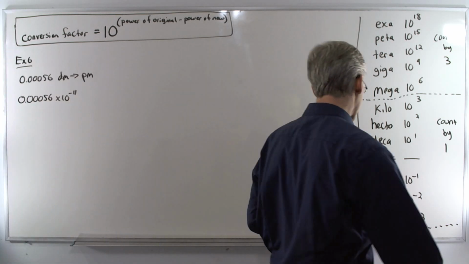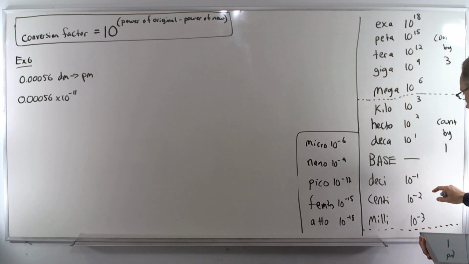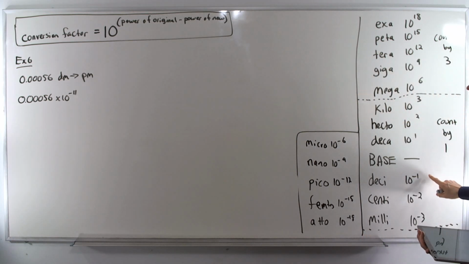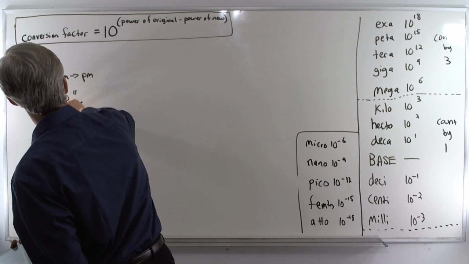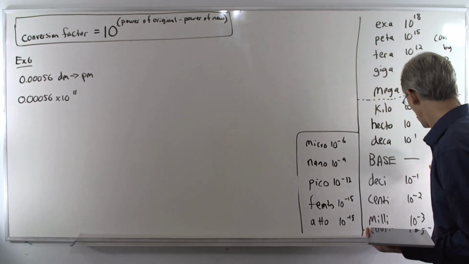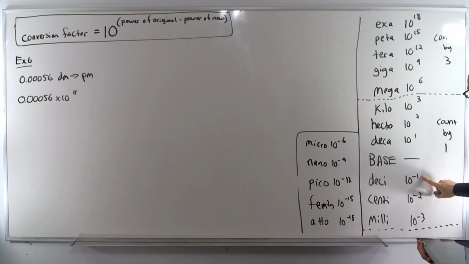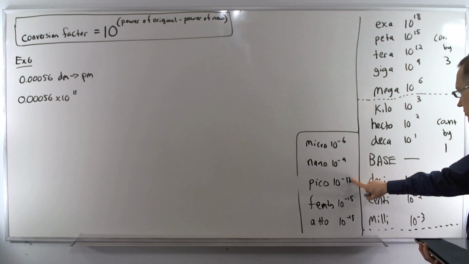Or we could subtract the exponents. In that case, we would do, oops, I think I wrote negative. Yep, positive 11. All right, if we take negative 1 and subtract negative 12, that's like negative 1 plus 12, which is 11.